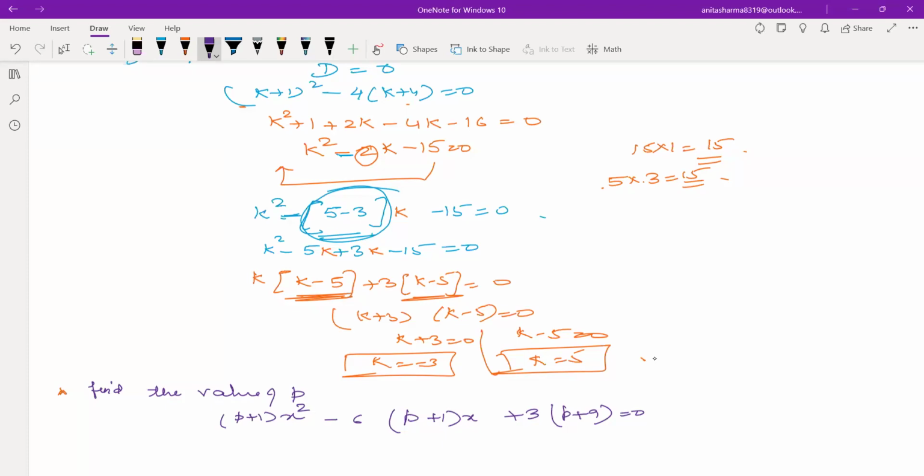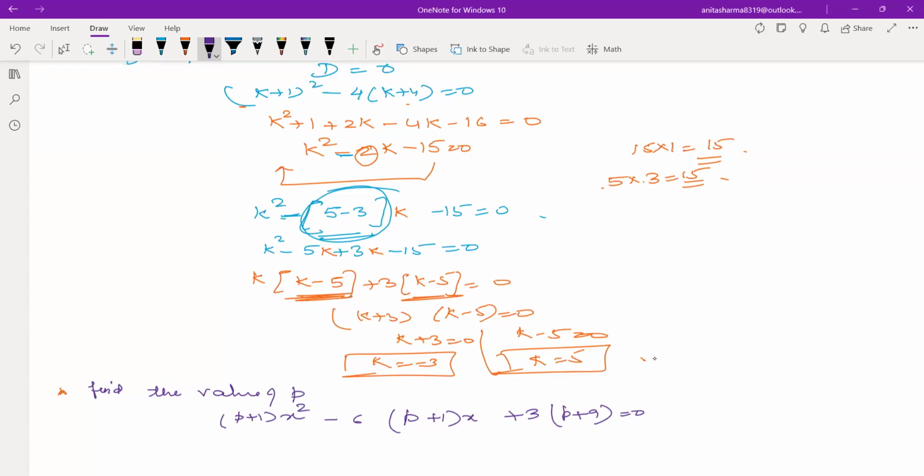Ma'am, is it minus 6 of P plus 1? Minus 6, beta. Minus 6 into P plus 1 into x. Start doing, hurry up. Ma'am, what roots does it have, or do we have to factorize it?